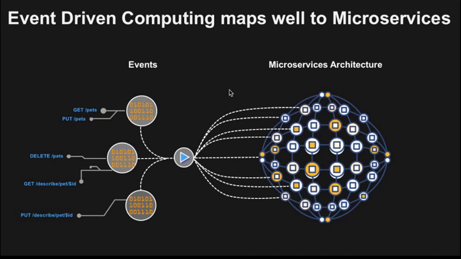Event-driven computing maps really well with microservices. When you look at a typical event-driven application, there are various endpoints for various functionalities, and each of them can invoke different microservices on the back end. So going from a monolith to a microservice model using event-based computing works really well with serverless applications and microservices.